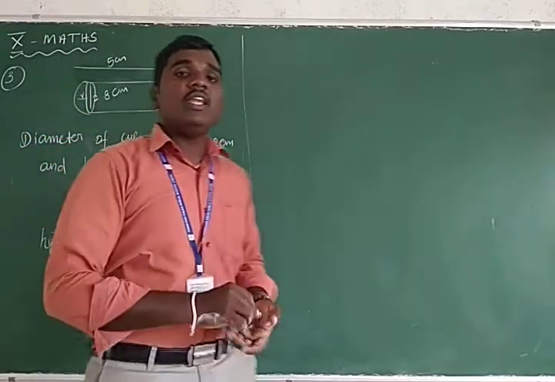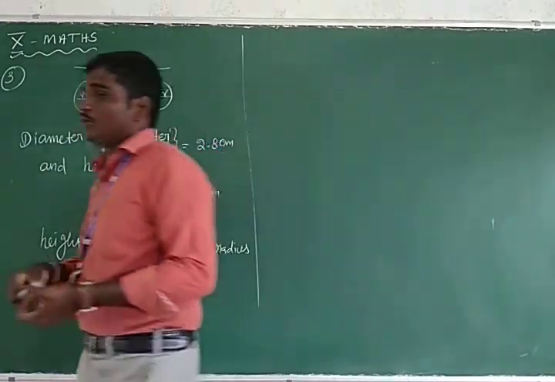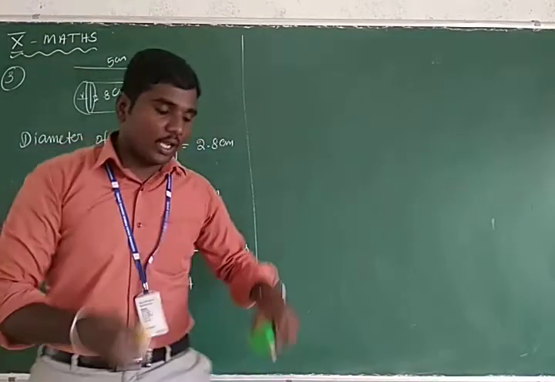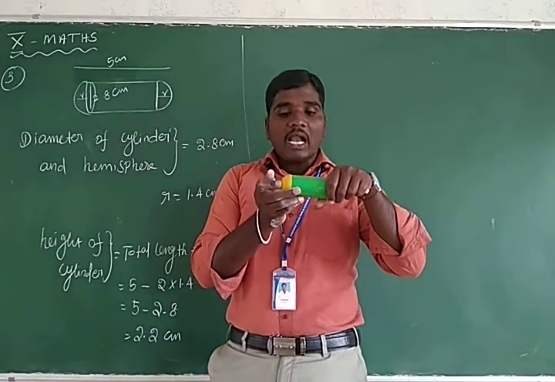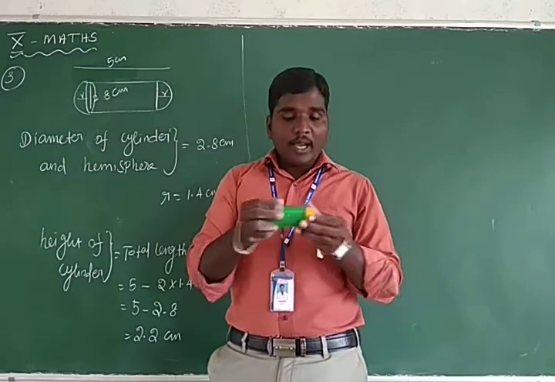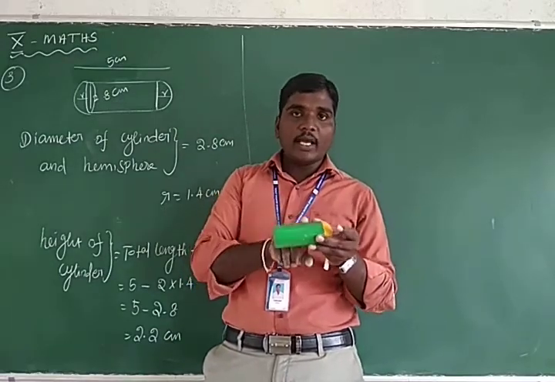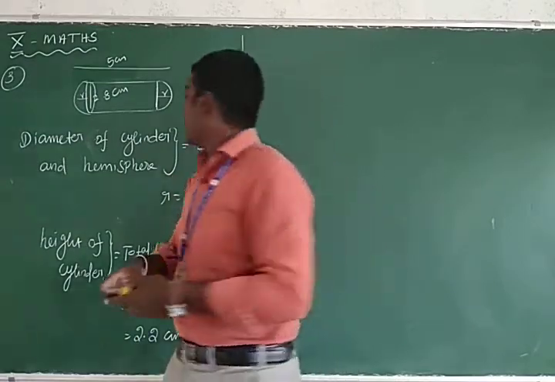Now we need to find the volume of the clove jar. It is like a cylinder with two ends being hemispheres. So how will we find the volume? Volume of hemisphere plus volume of cylinder plus volume of hemisphere. Are you clear?